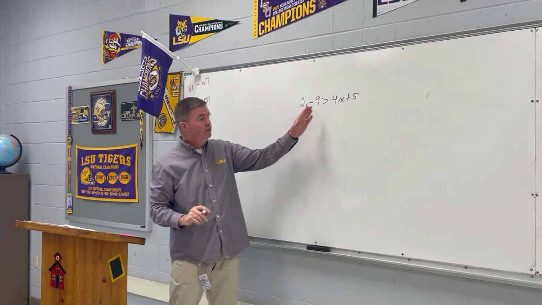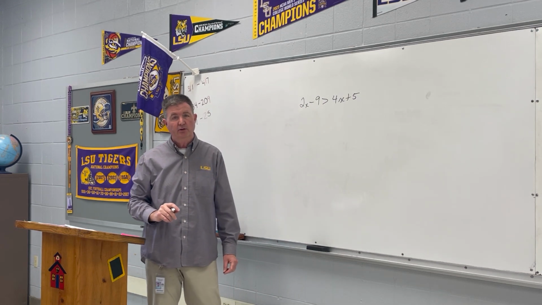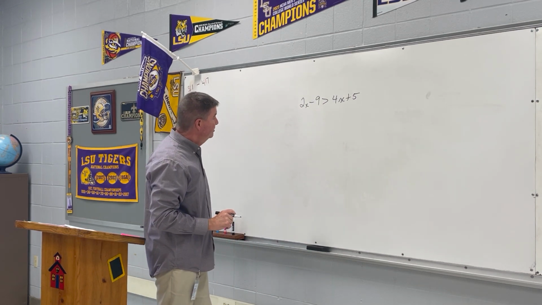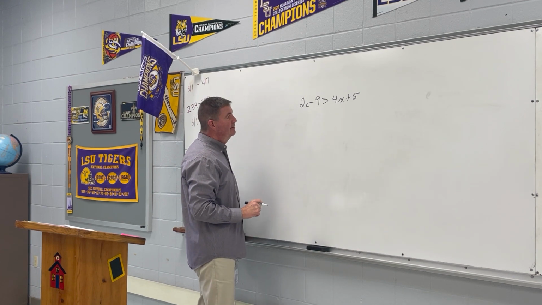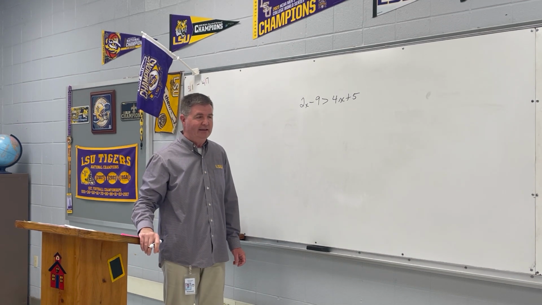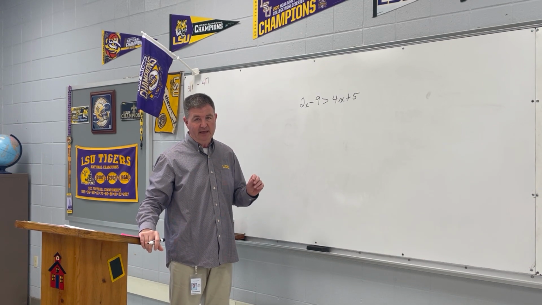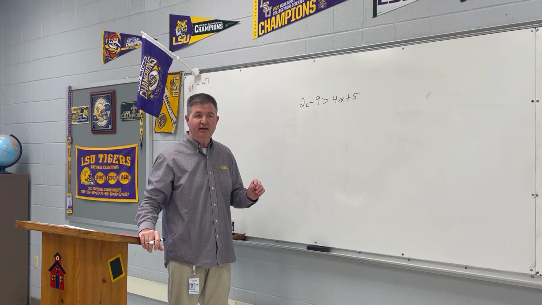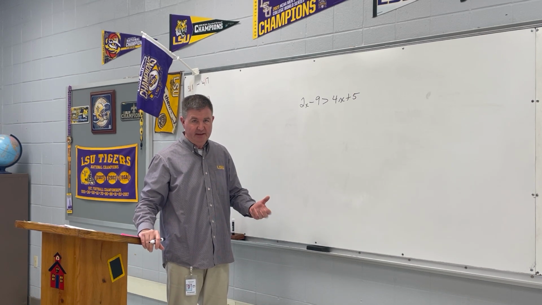Well, just like the equation, we're going to have to take the x and put it on one side or the other. We're going to bring the small x to the large x. But when it comes to inequalities, most people want to leave the x on the left, because if you leave the x on the left, you read it as x is greater than or x is less than.